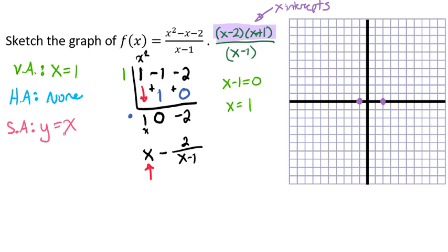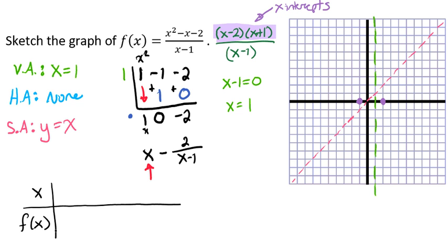So let's go ahead and graph our asymptotes really quick. We have an asymptote at x equals 1. And we have a slant asymptote of y equals x. And now we're ready to make our table.